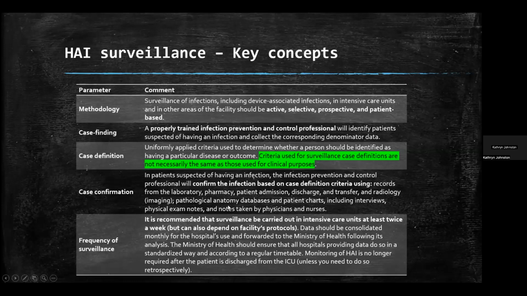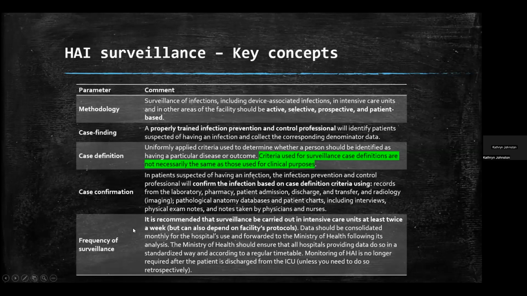The doctor's notes and the nurse's notes are all part of how you do the case confirmation to say that a person has an HAI, not that the person has an infection that needs to be treated.